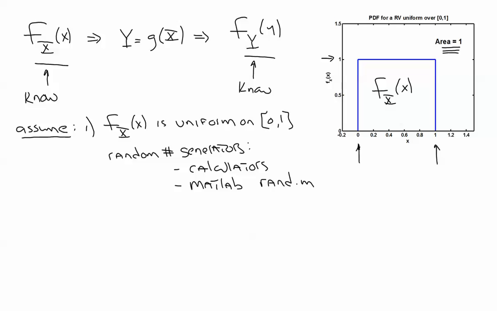Well, MATLAB does not have a built-in Rayleigh probability density function generator. Neither does your calculator. How can I create data that's distributed according to a Rayleigh probability density function and run that through a system model to determine the behavior at the output? Well, what you're going to learn in this lecture will allow you to do that.